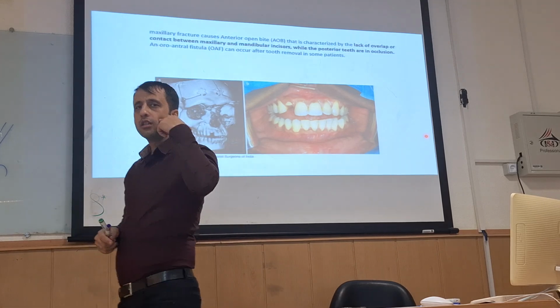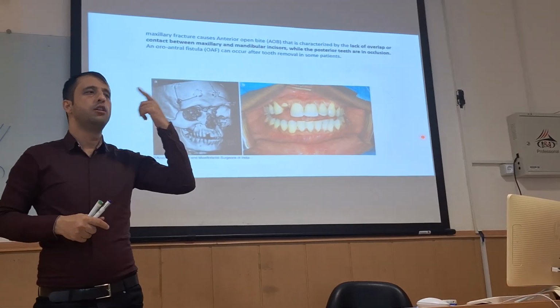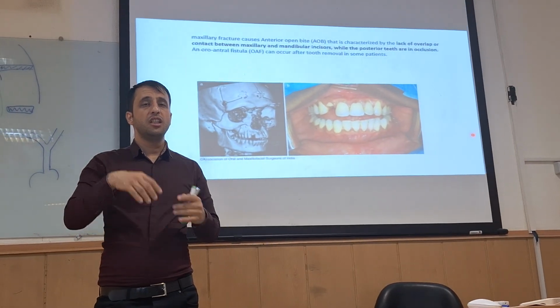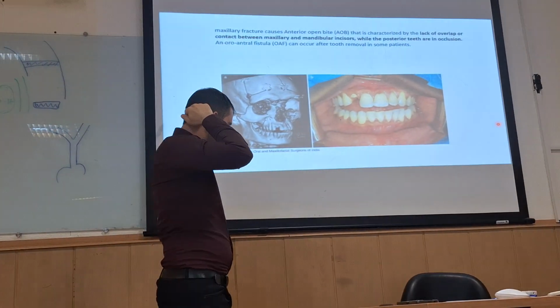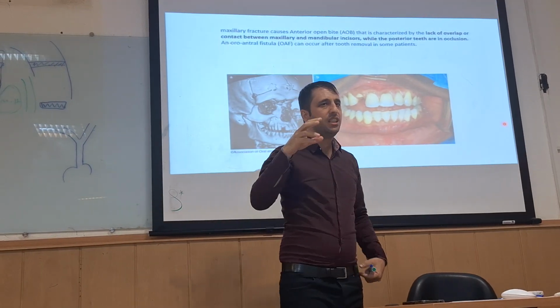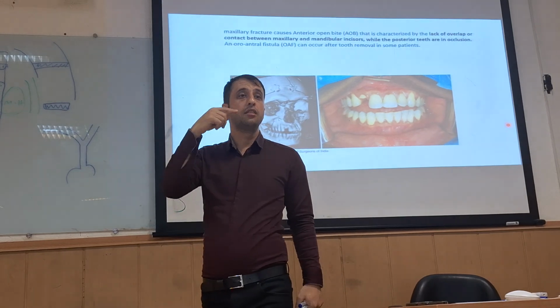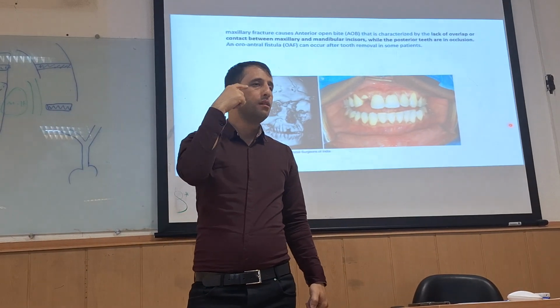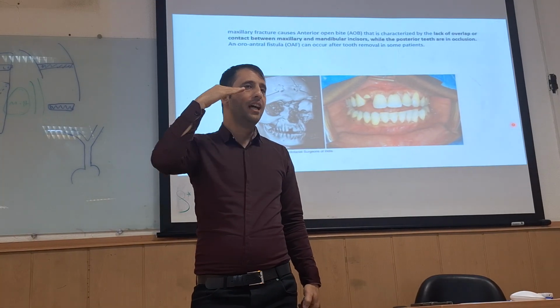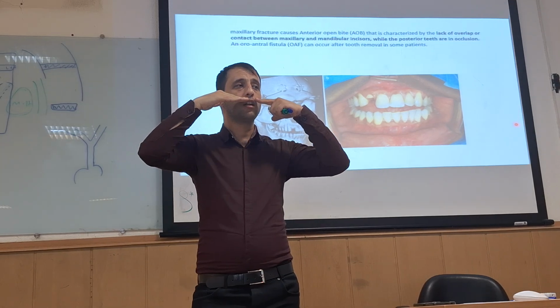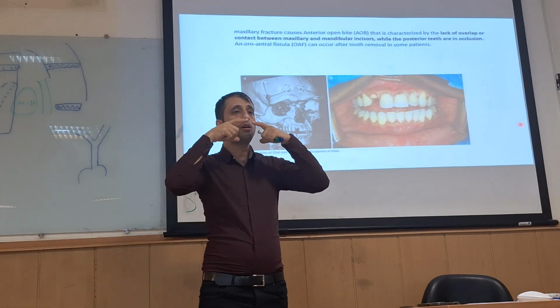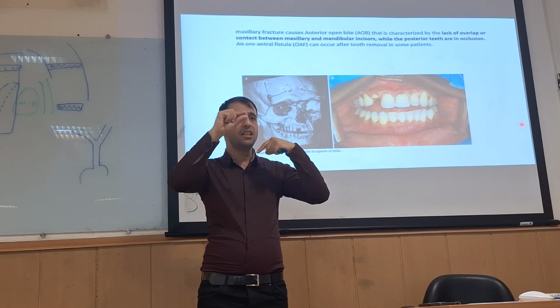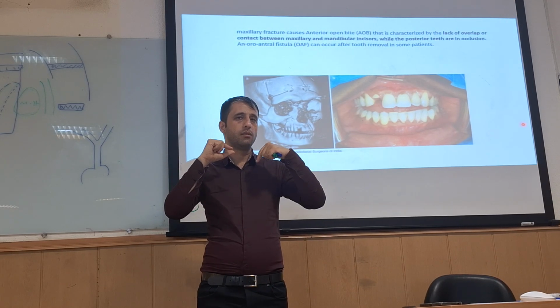You know that the maxilla contains the maxillary sinus. The maxillary sinus is the biggest of the paranasal sinuses, which appears at 17 years during development. At the inferior part, when it arrives at the alveolar process, the maxillary sinus is separated from the alveolar process by a thin bony lamina.